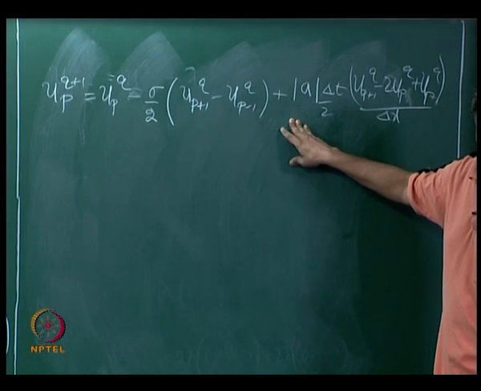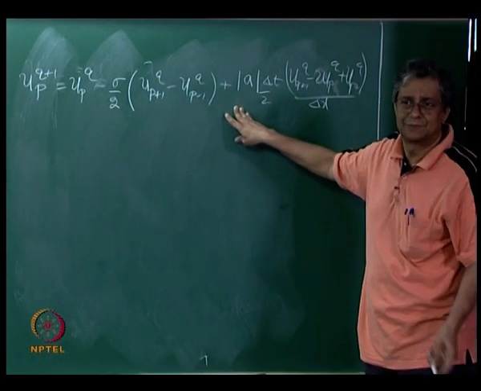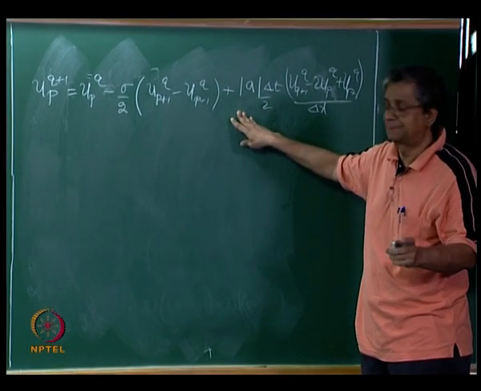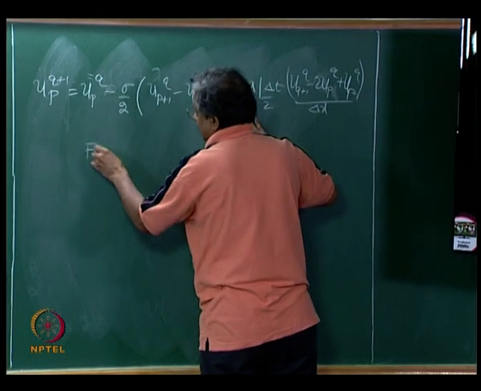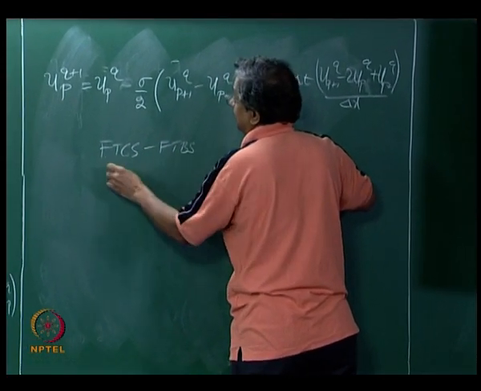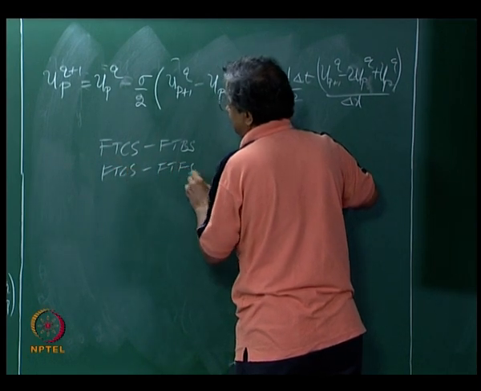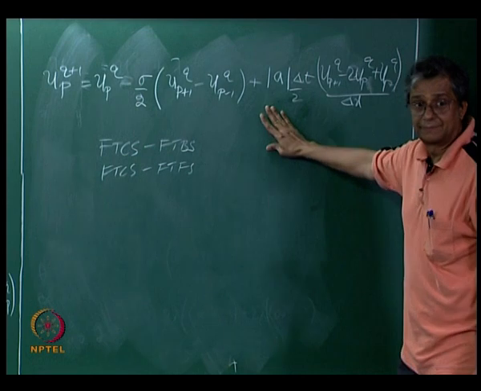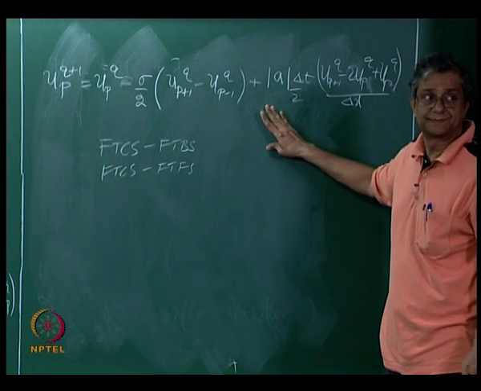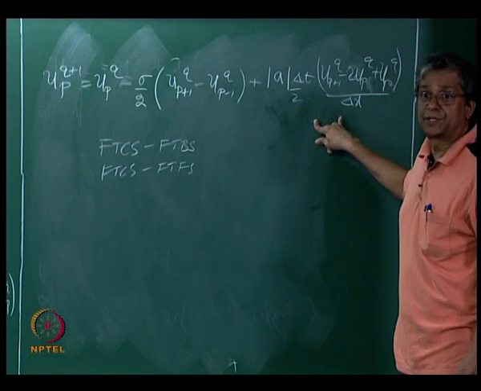I want you to check both FTCS and FTBS, what is the difference between FTCS minus FTBS, FTCS minus FTFS, okay, and see what you get. So if you add this quantity, what is it going to do?